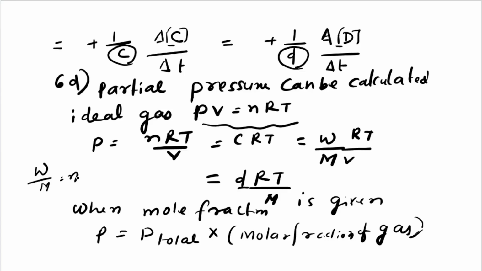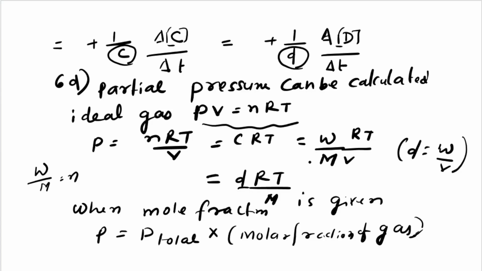Instead of n you put W by M, and then you will see W by V. What is that? Density, mass by volume. So density equals mass W by V, and instead of all that you can put dRT by M.